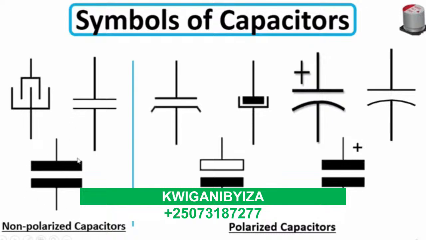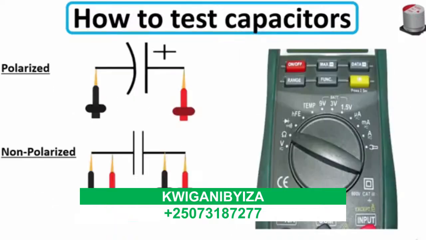This is also a UK symbol, and this is a US symbol, but we usually use this one. These three symbols don't have the plus and minus sign, because those are non-polarized capacitors.